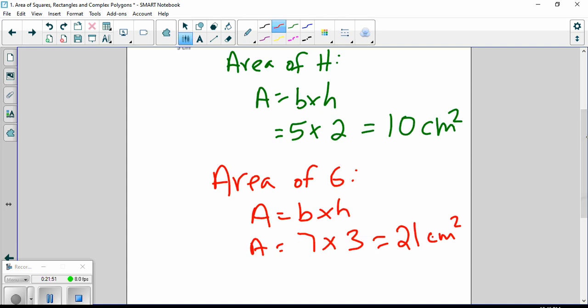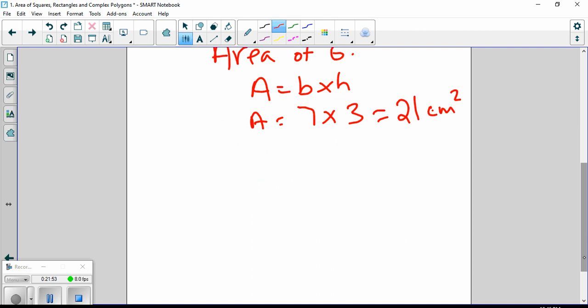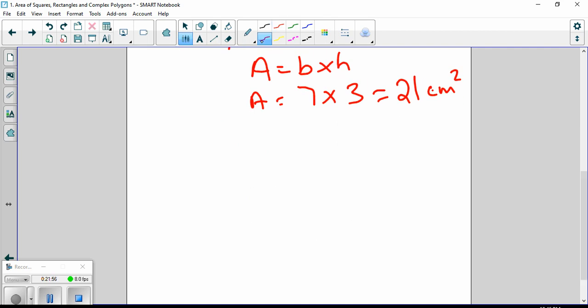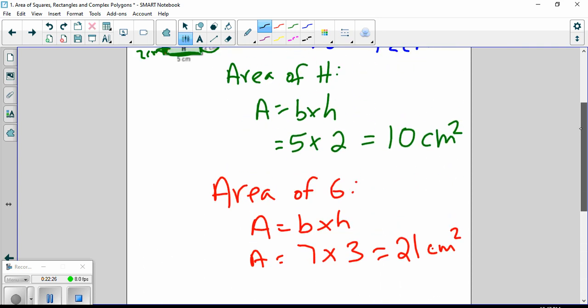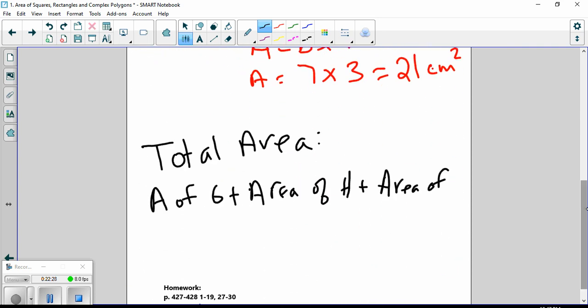If I want to find the area of the whole figure, I just have to add all the areas up. So my total area is the area of G plus the area of H plus the area of F. I'm going to add all those up.